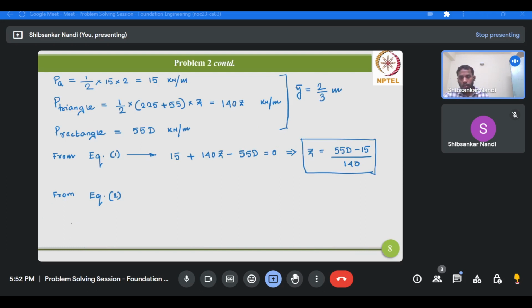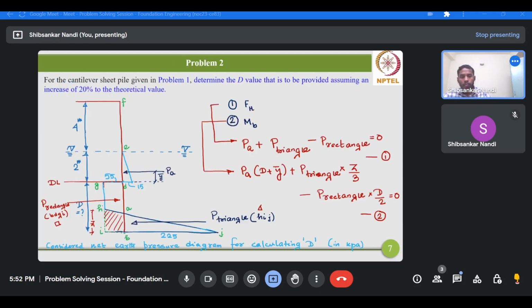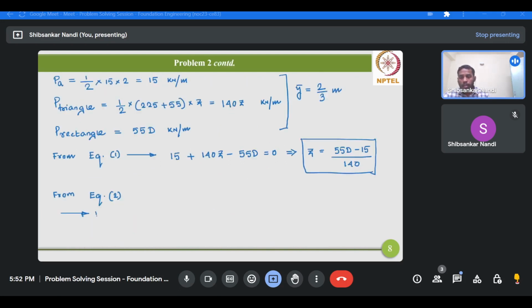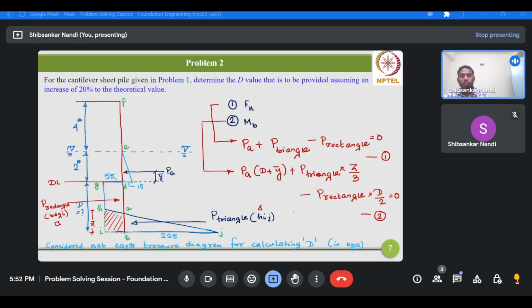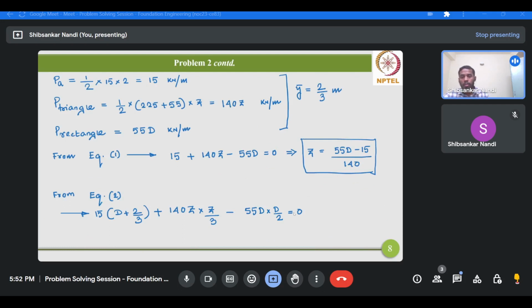So from equation 2, this will be PA, that is 15 multiplied by (D plus 2 by 3), plus 140Z into Z by 3, minus 55D into D by 2 into D by 3, equals 0. Okay, so this is the equation for moment equilibrium.